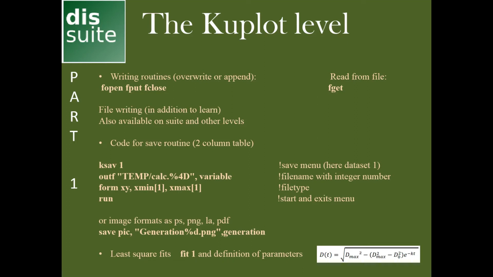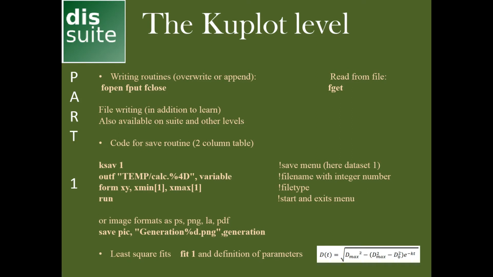The second option how to write files or save files is the ksave command, which essentially works for KUPLUT. You use the KUPLUT save one here, for instance, for dataset one you want to save. Then you need to provide a file name to this dataset, which is here in the folder temp, known as calc dot, and then %4d stands for a 4-digit long integer number in this case.